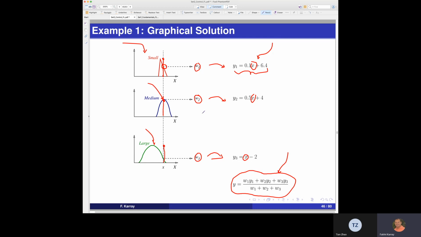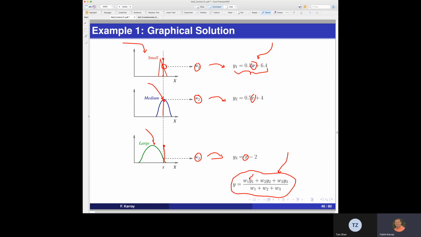Once we have more than one antecedent, as I'm going to show you in the next example, then we take the firing strength. So simply what we are doing here: we know the value where the X value has been applied, and we look at omega 1, omega 2, omega 3. For each one of them, we compute Y1.